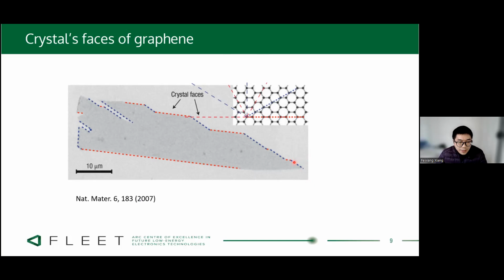We basically align the crystal orientation between graphene and hBN flakes. The feature we use is that when the graphene or hBN is exfoliated from bulk crystal, the flakes show the zigzag edge or the armchair edge.